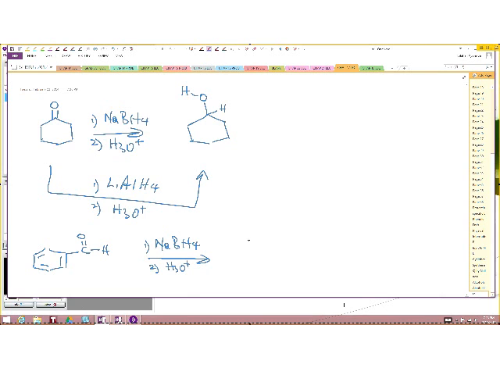I get a secondary alcohol. The same will happen if you perform the same reaction with lithium aluminum hydride. As a matter of fact, lithium aluminum hydride we sometimes abbreviate as LAH, lithium aluminum hydride, and then follow that up with dilute acid.